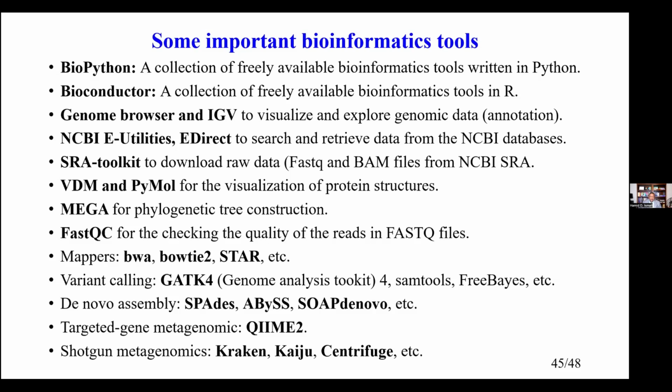For targeted gene metagenomics, you can use QIIME 2. For shotgun, we can use Kraken, Kaiju, or Centrifuge. And with each one of these, you can create your own pipelines, and they include a lot of details.